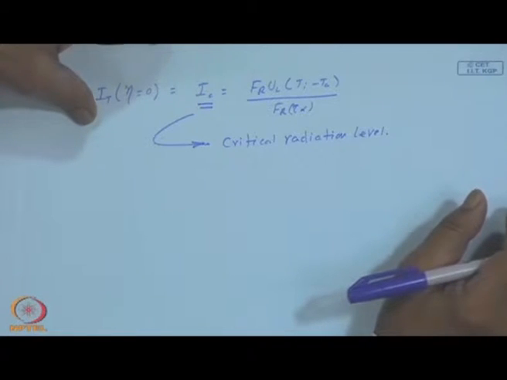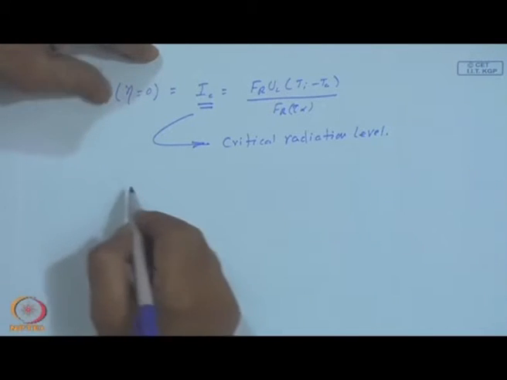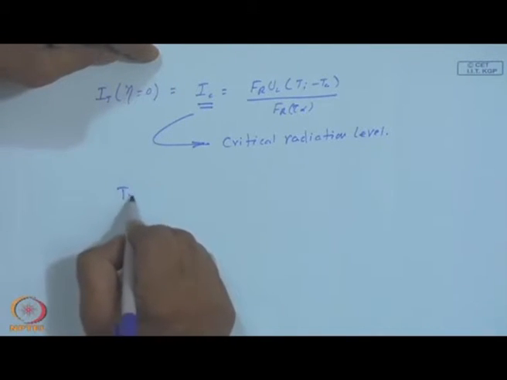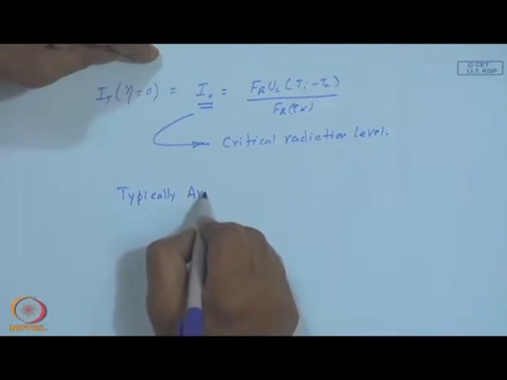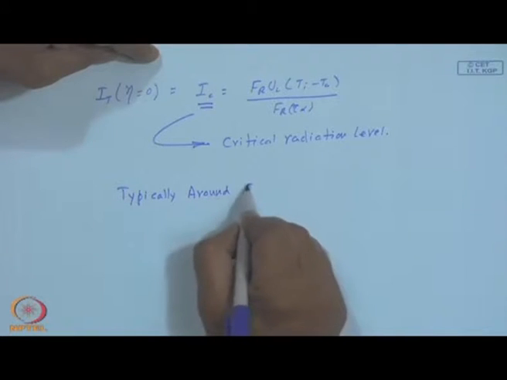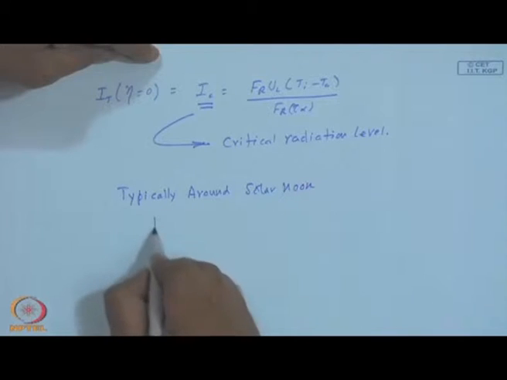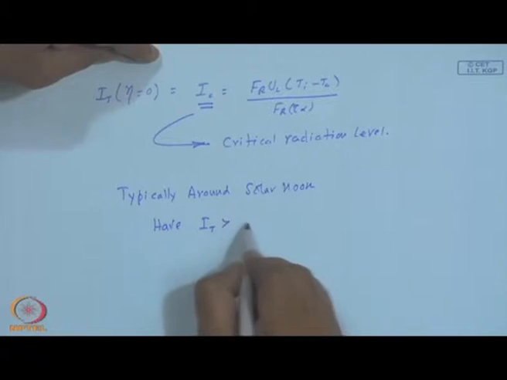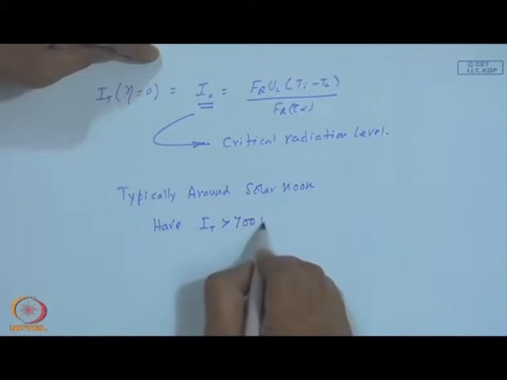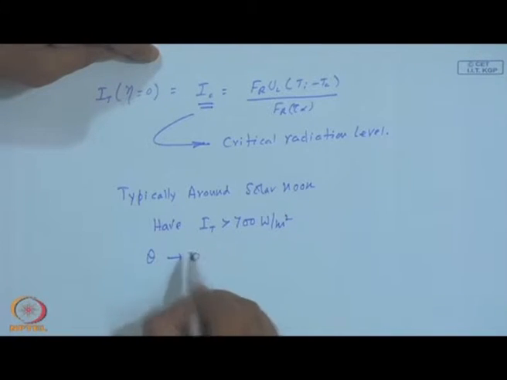Now, there are certain recommendations for the experimental procedure. This is done typically around solar noon. Have I_T almost greater than 700 watts per meter square and theta close to 0.